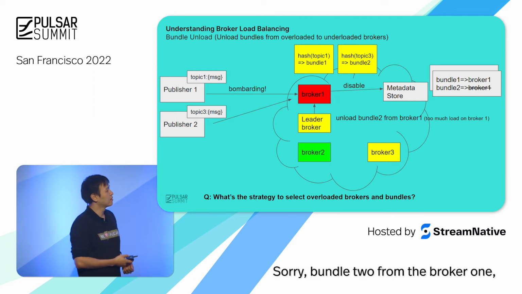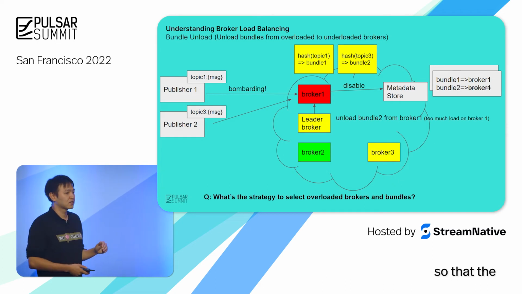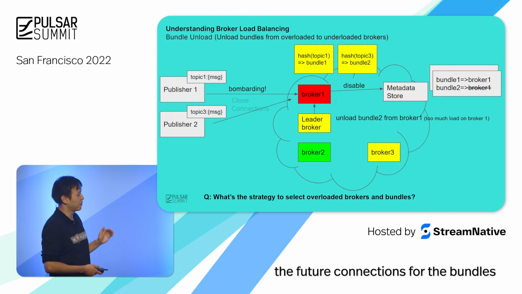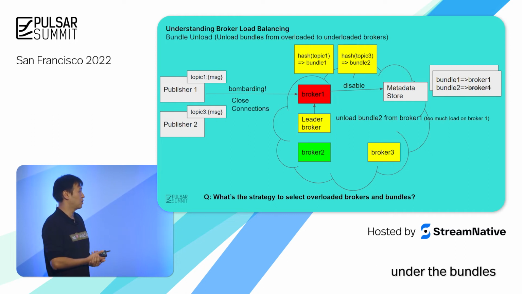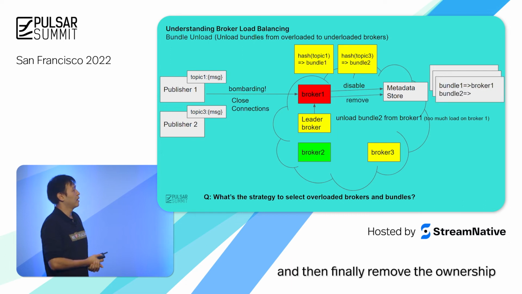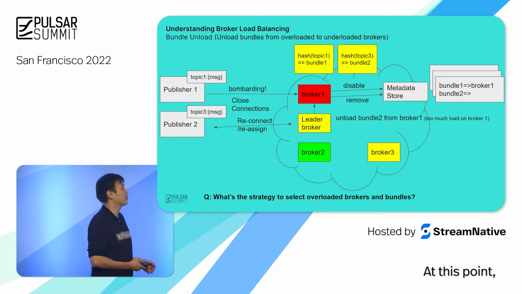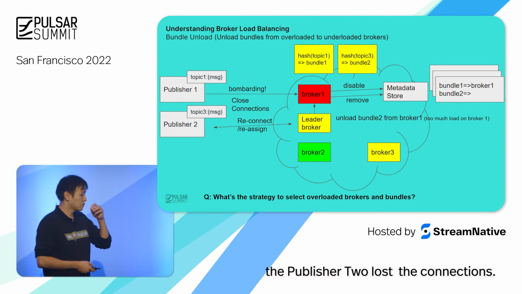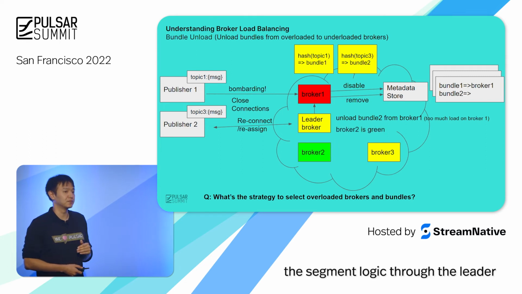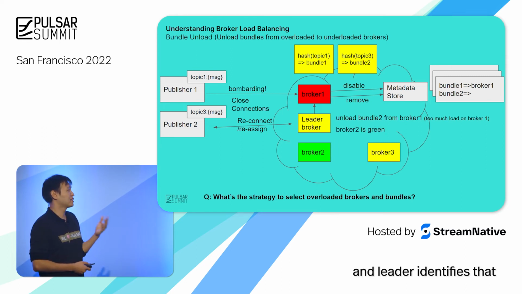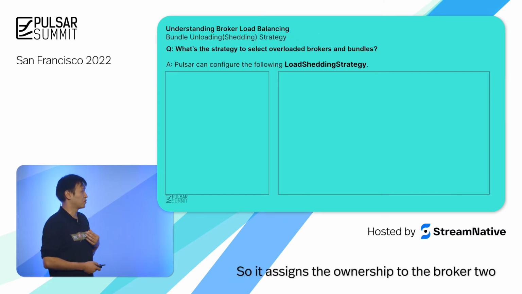Broker 1 first disables the ownership in the metadata store so that future connections to the bundle could be blocked. Then it closes the topic connections under the bundle. And finally, it removes the ownership in the metadata store. At this point, publisher 2 lost the connection, so it needs to reinitiate the assignment logic through the leader. And the leader identifies that broker 2 is green now, so it assigns the ownership to broker 2.